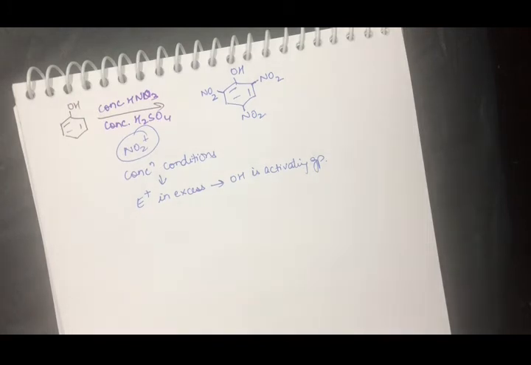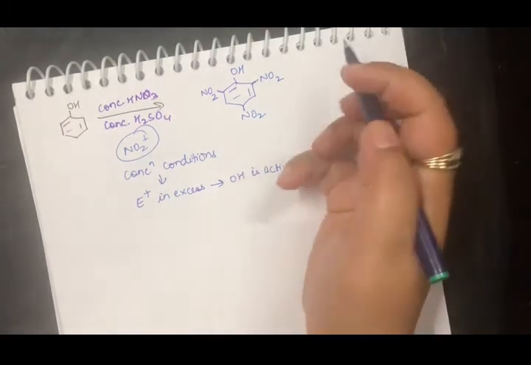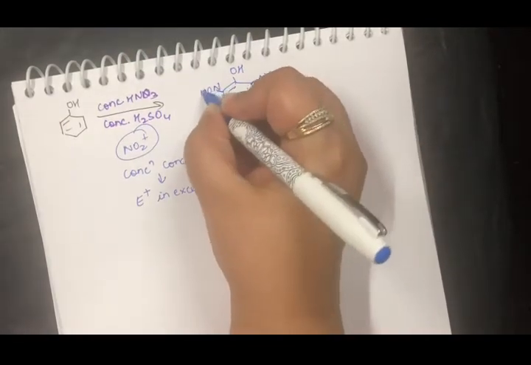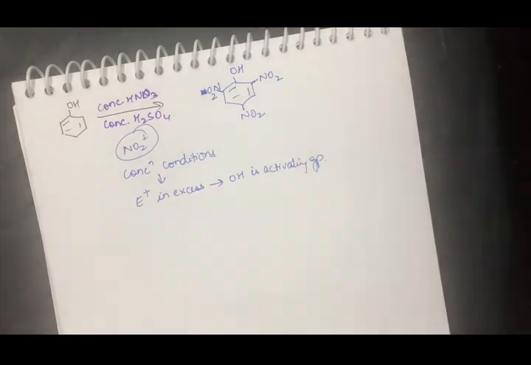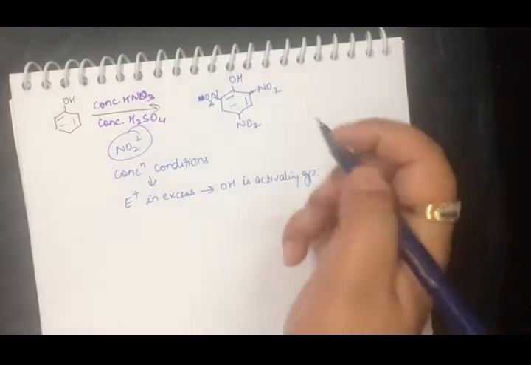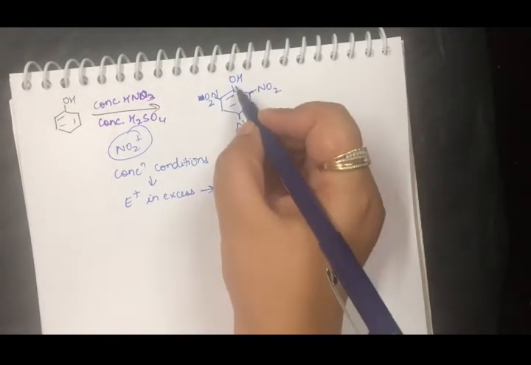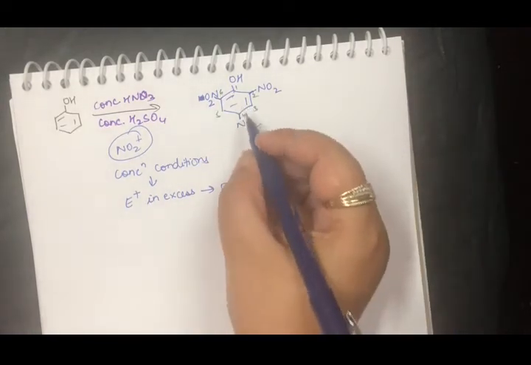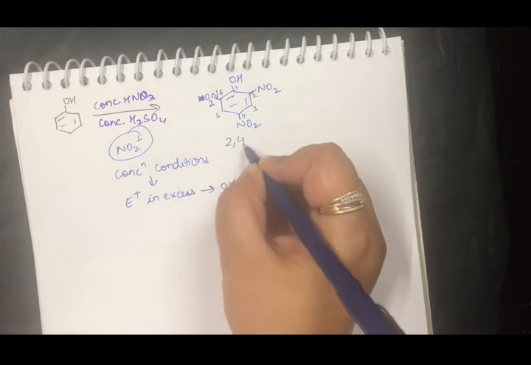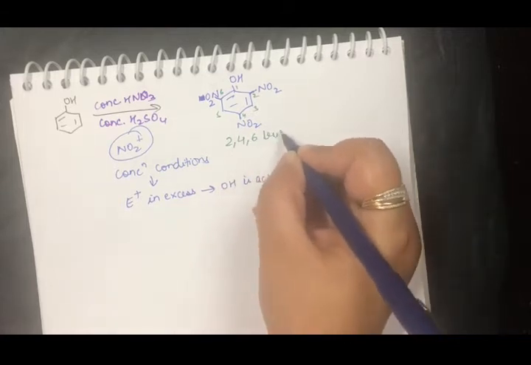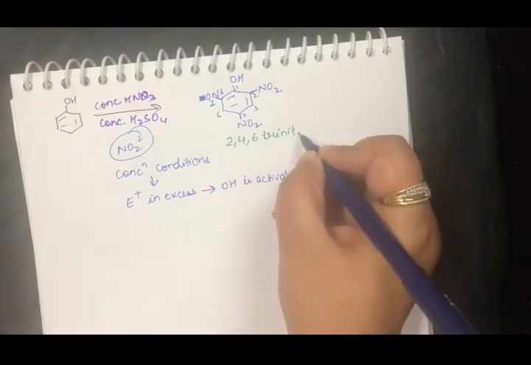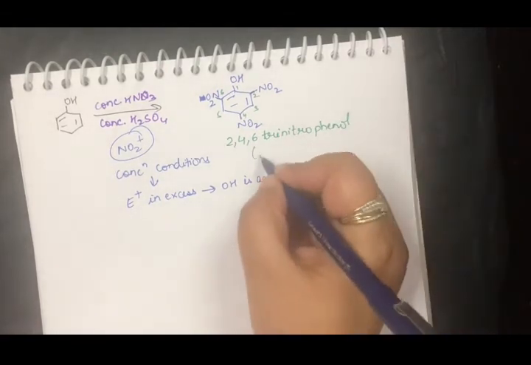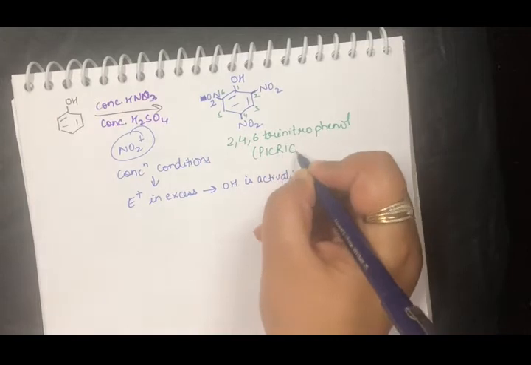Right? Now I will just write it here like this, NO2, so that you know that the bond is from the nitrogen only. Now what is the name? It is 1, 2, 3, 4, 5 and 6. So the name of this compound is 2,4,6-trinitrophenol, and commonly we call it picric acid.